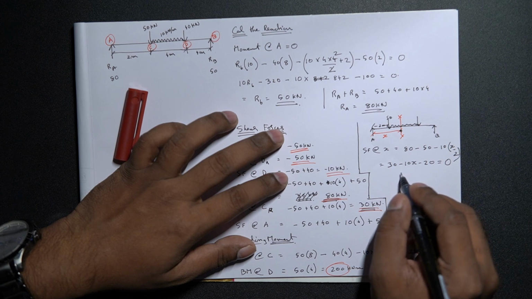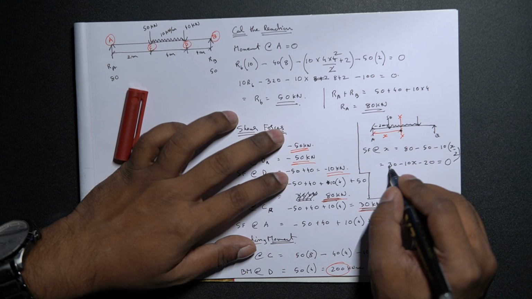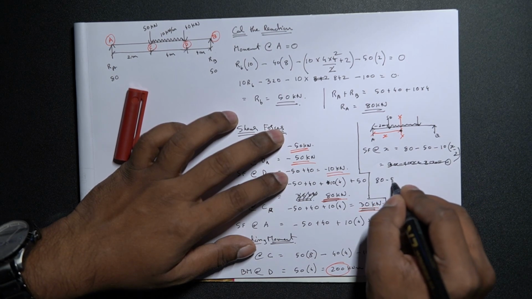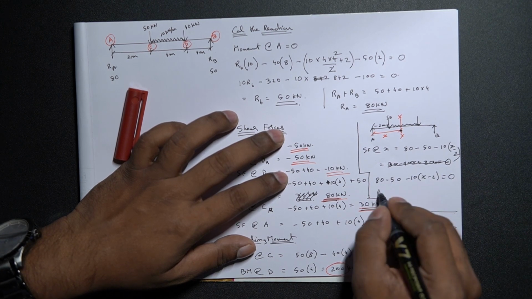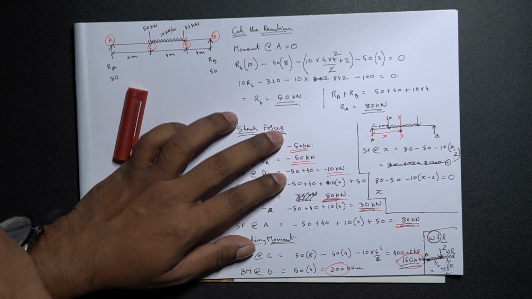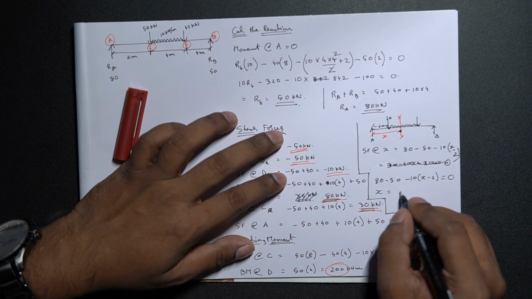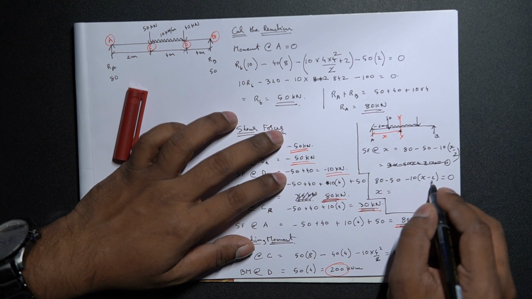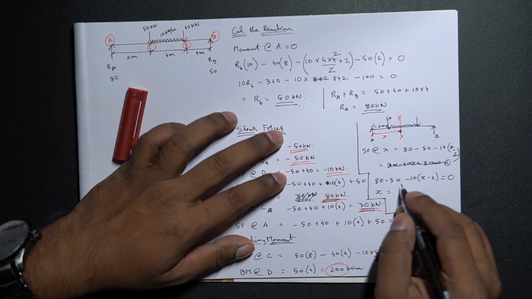80 minus 50 minus 10 times (x minus 2) should be equal to 0, and x should be equal to... minus 10x plus 20, this goes there, minus 20, 80.